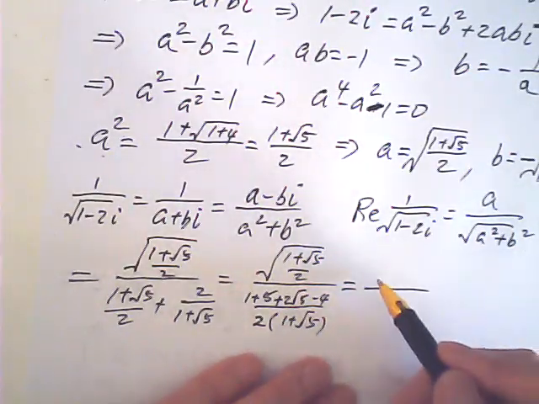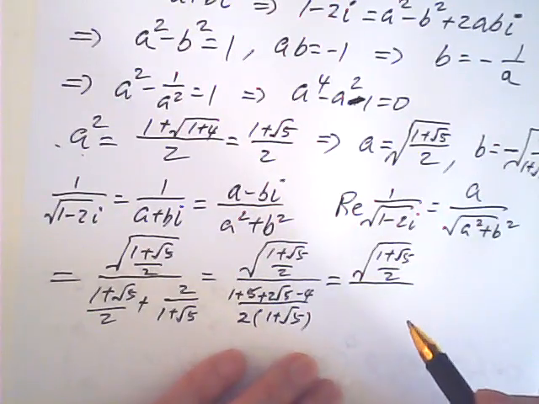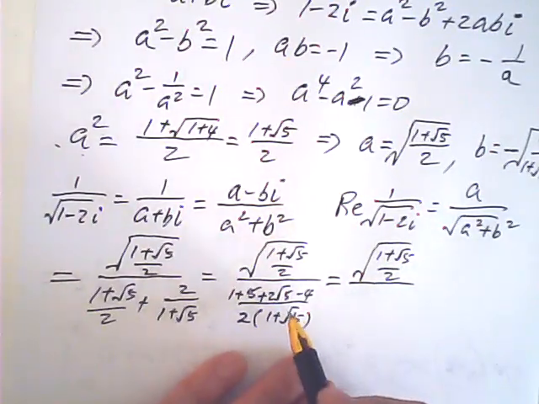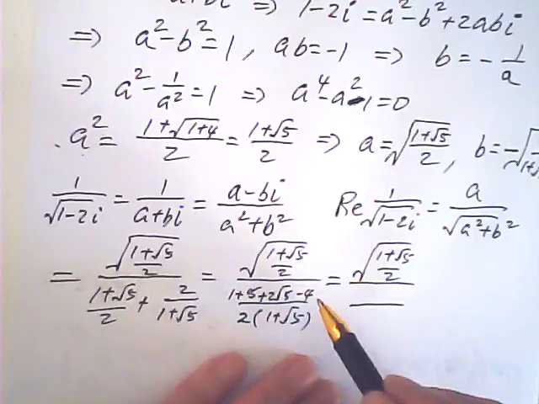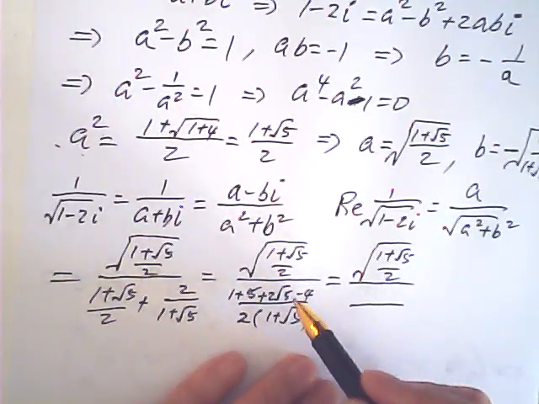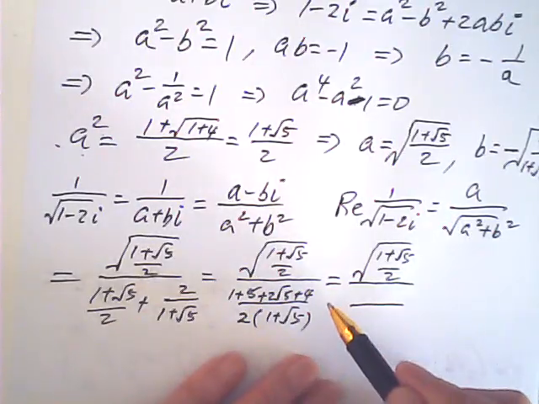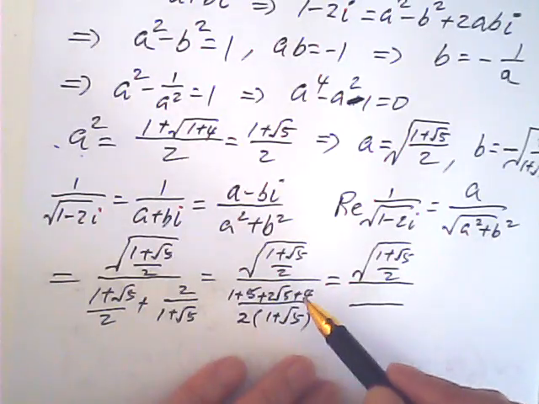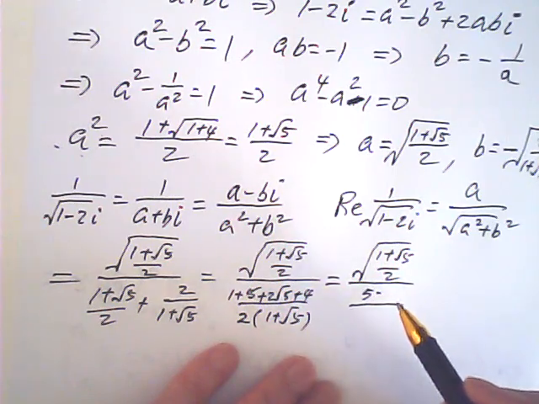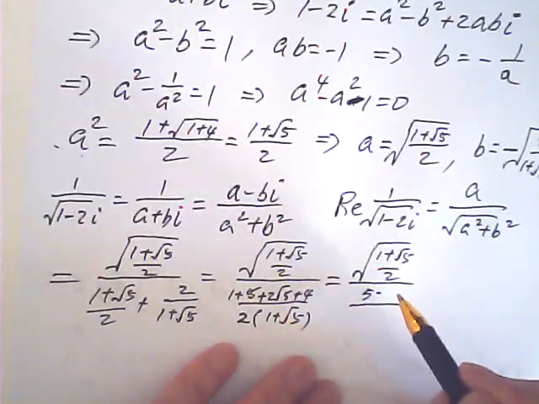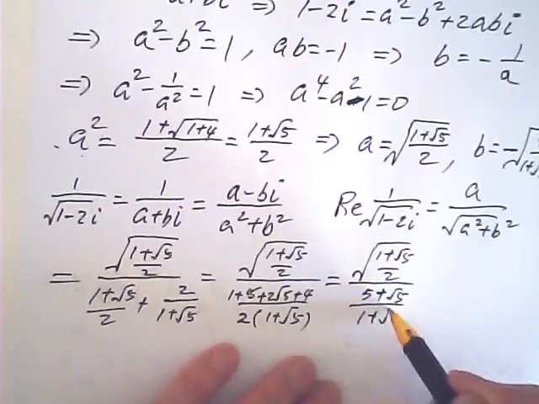Well, so this one is equal to, well, tedious calculation. This is 10. No, plus 10. 5 to 10. So it's equal to 5 plus root 5 over 1 plus root 5, right?